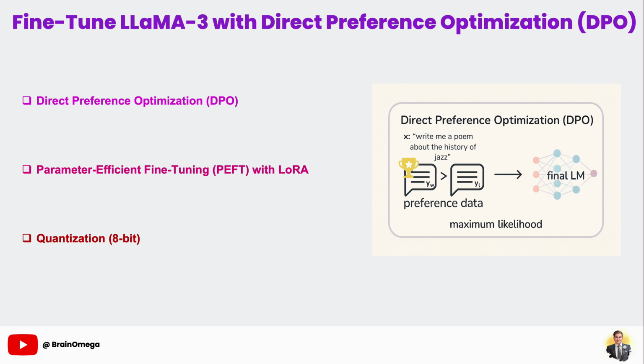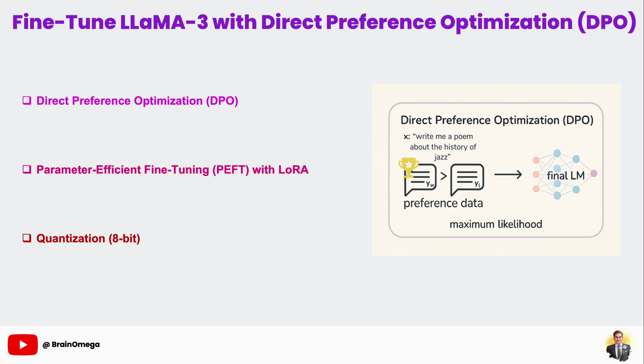DPO is a newer, more elegant solution. It works with a simple but powerful type of data set, one that contains a prompt, a chosen or preferred response, and a rejected or less preferred response. The DPO loss function then directly optimizes the model to make the chosen responses more likely and the rejected responses less likely. It's more stable and often more effective than RLHF.